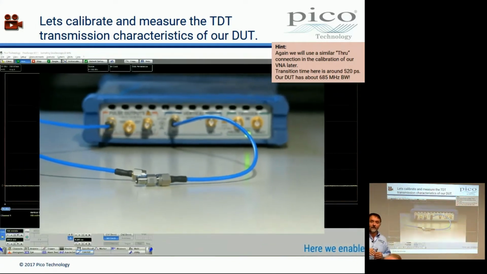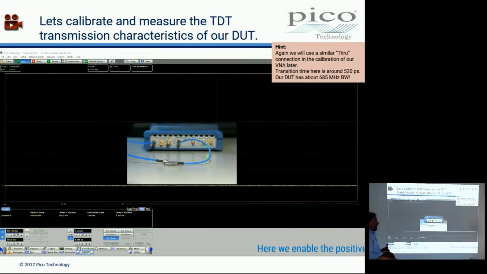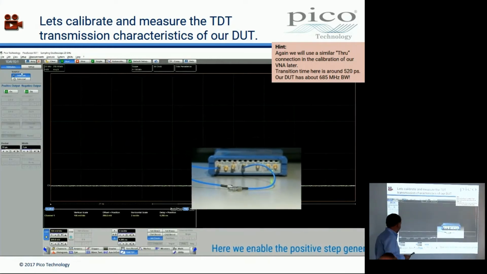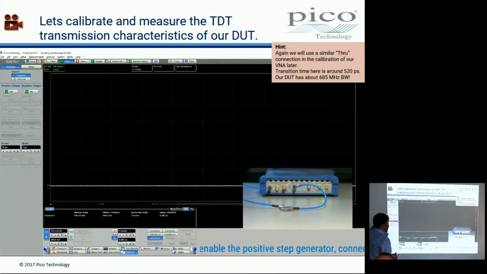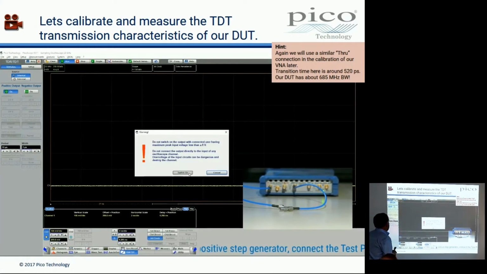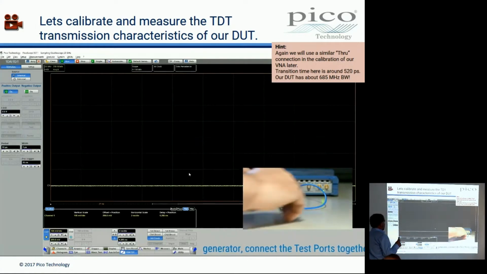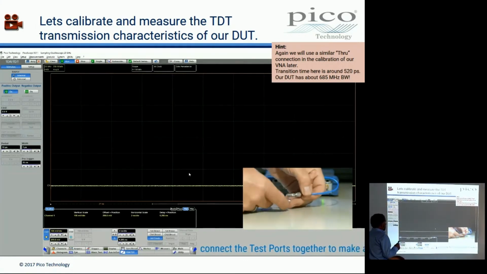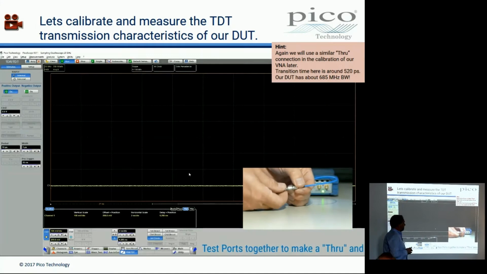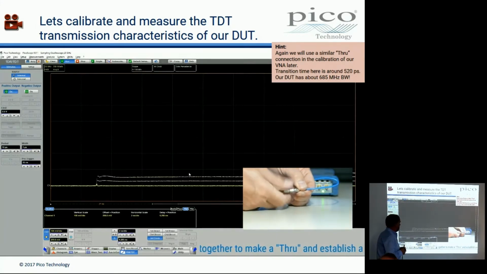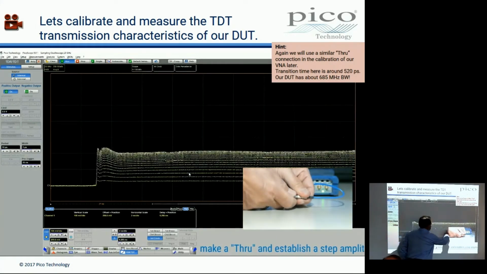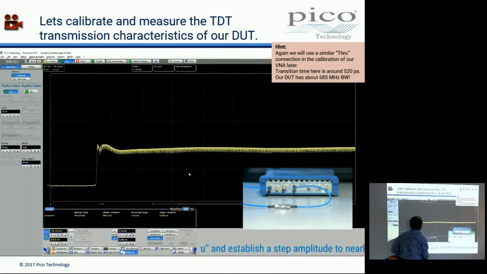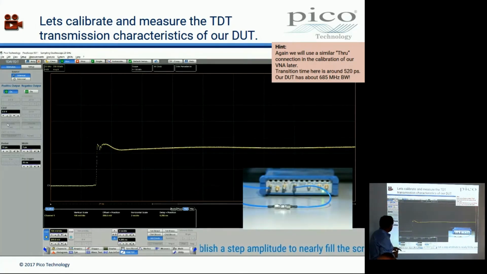Probably need the lights off again. All right, so what I'm going to do is just connect the two leads together. So I'm going to send signal directly from the pulse generator, sorry, into the channel, into the oscilloscope.